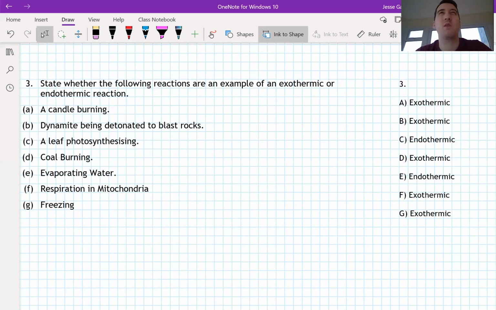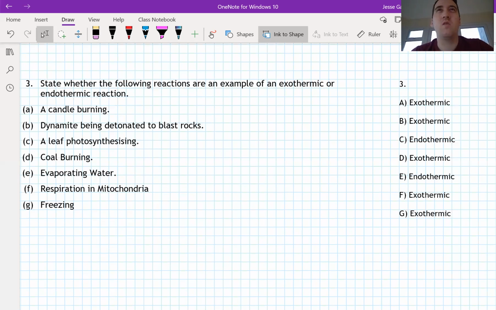If I take water and turn it to a gas, I've got to take energy in from the surroundings to make it happen. So that is going to be endothermic.